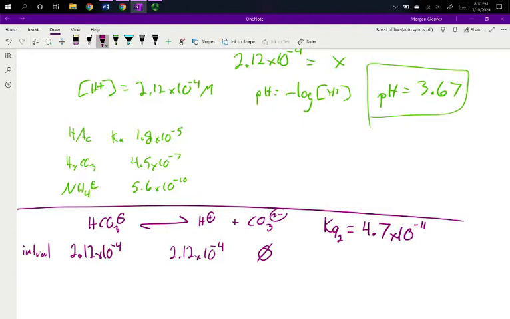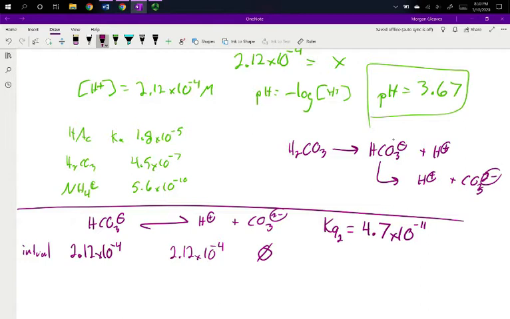So what we're looking at here is we had our first reaction, H2CO3. Some of it broke apart, gave us HCO3 minus and H plus. And then HCO3 minus breaks into more H plus and CO3 2 minus. Well, any bicarbonate that goes away means that more carbonic acid breaks apart.